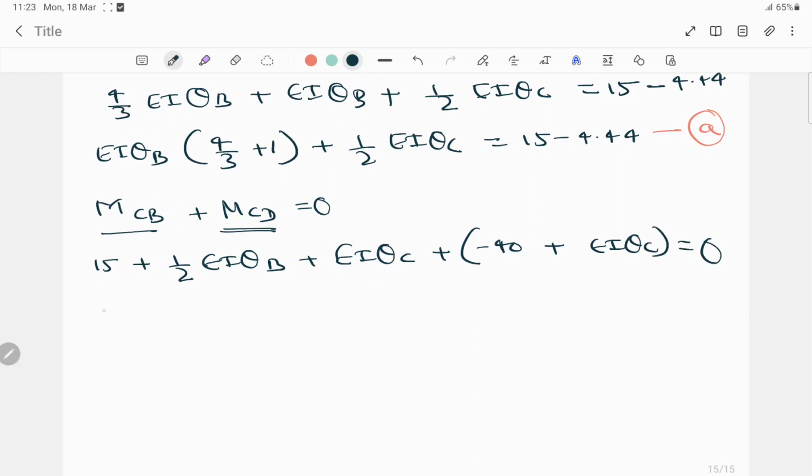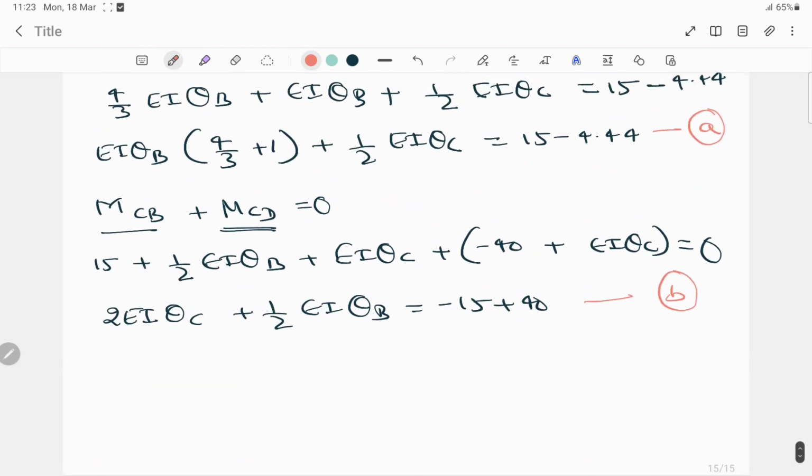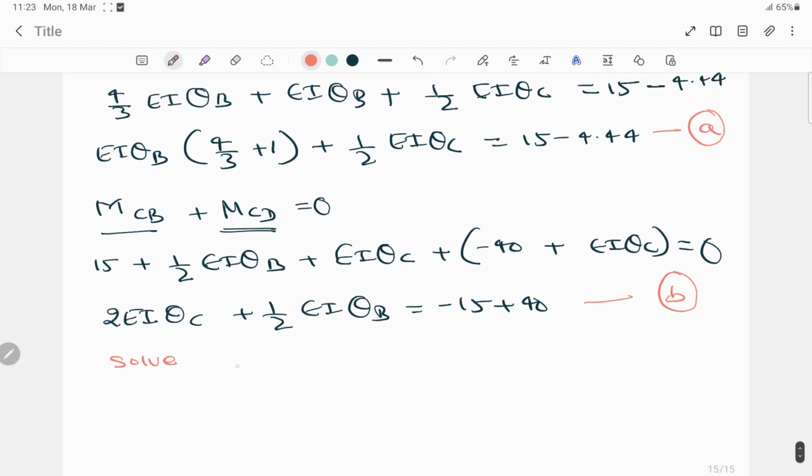After solving we get 2EI theta C plus half EI theta B is equal to minus 15 plus 40. Let it be equation number B. Now we have to solve equations A and B.